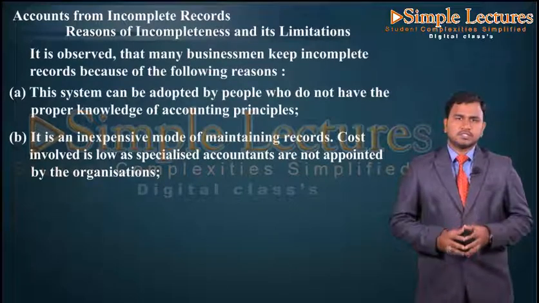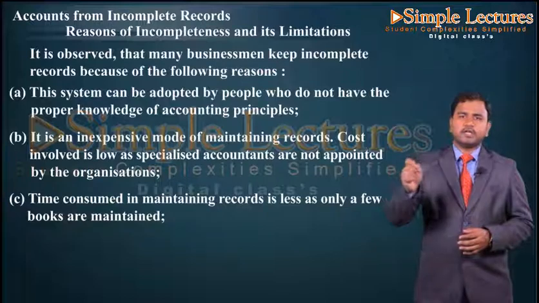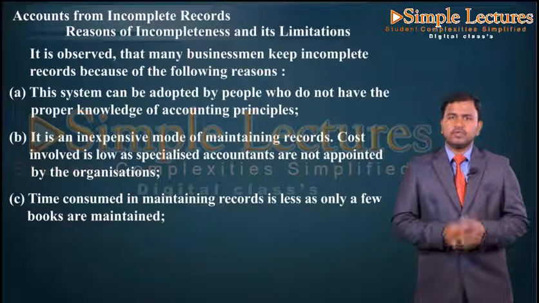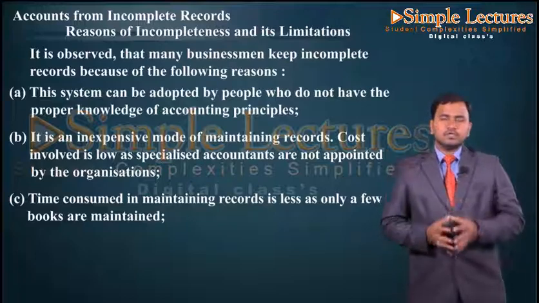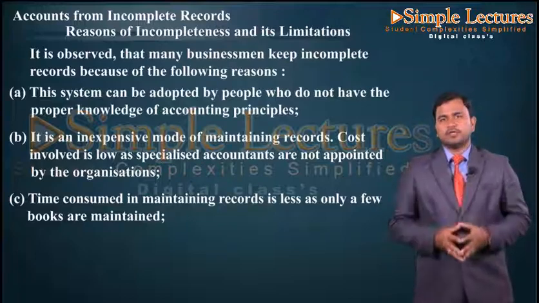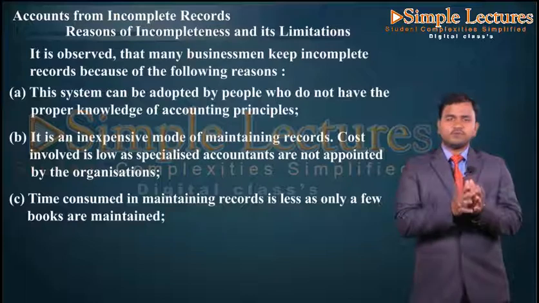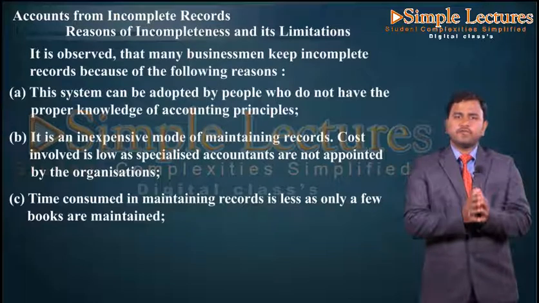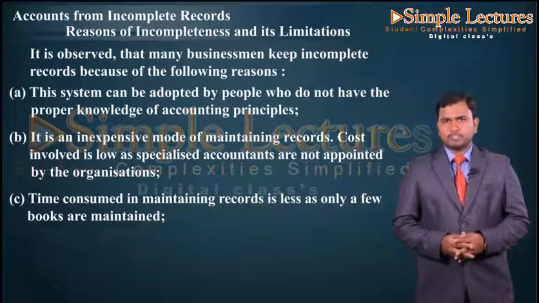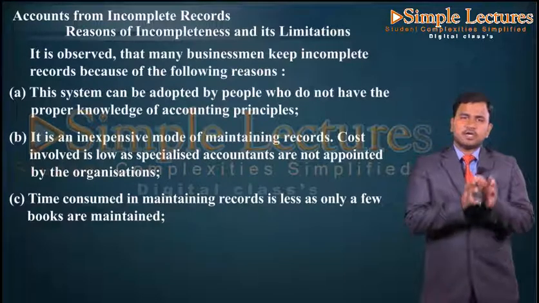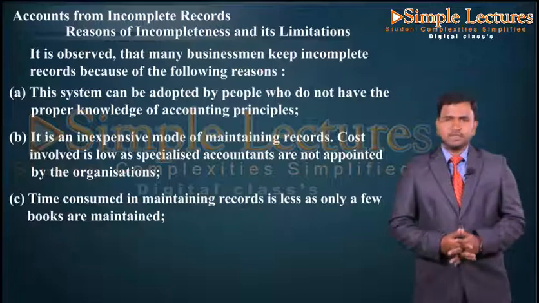And the next is, time consumed in maintaining records is less, as only a few books are maintained. So when coming to the single entry system, or incomplete records, the number of books maintained is very small, and the time consumption will also be very low, so small traders tend to follow the single entry system.